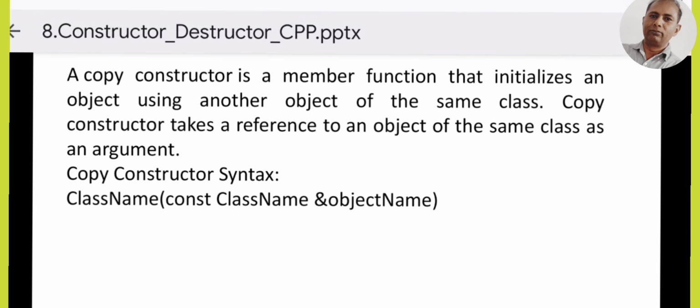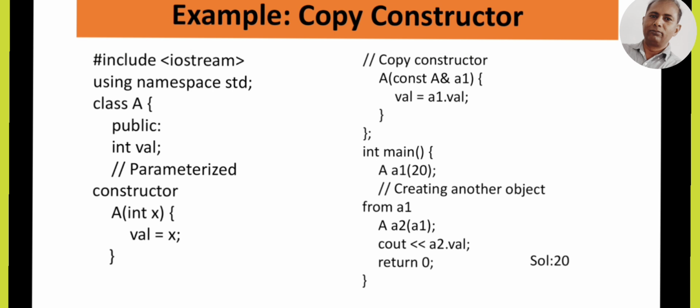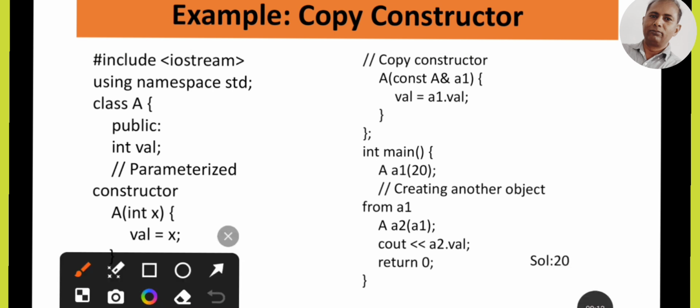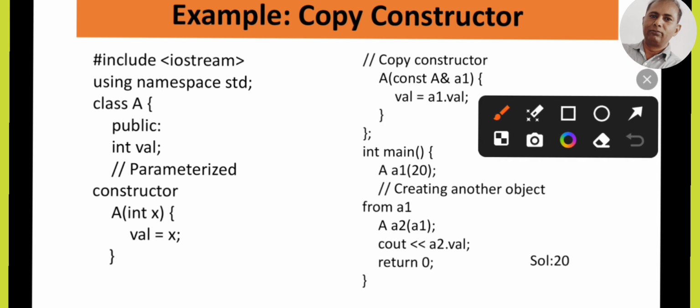We can see one example of the copy constructor. For example, we are writing one program, we are writing the header file, using namespace std, and we have made one class A. We have one variable value, and we have made one parameterized constructor.